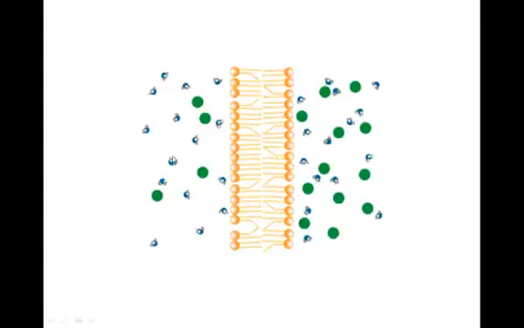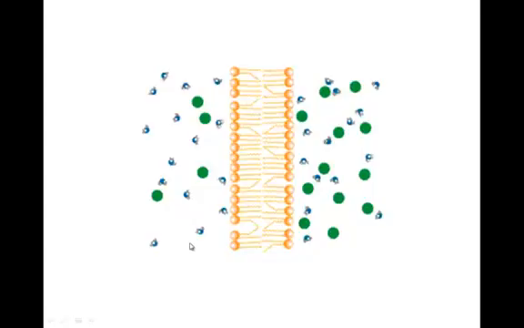Therefore, water will move from an area of higher concentration of water to a lesser concentration of water. So water will move by osmosis from left to right. It's almost as though the water is trying to dilute the solutes so that there is an equilibrium there. But this is not typically possible in the cases that we see.